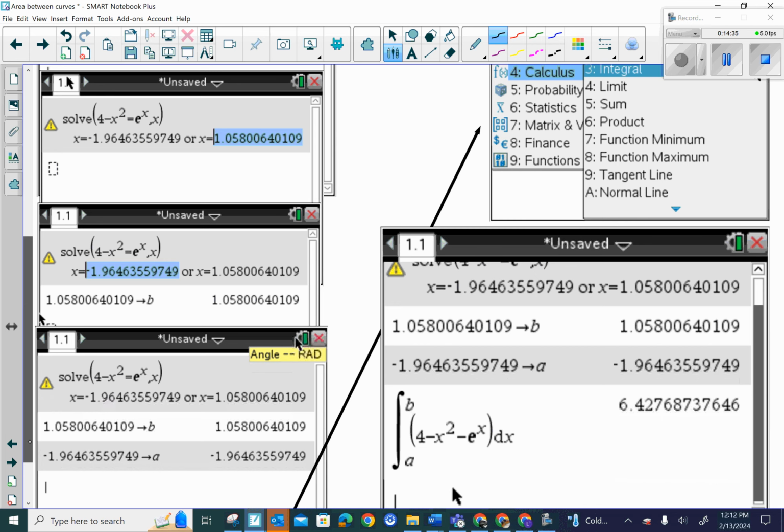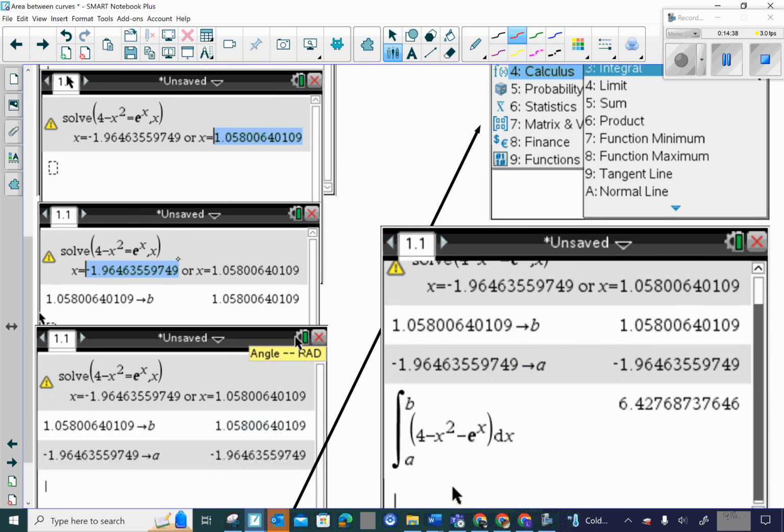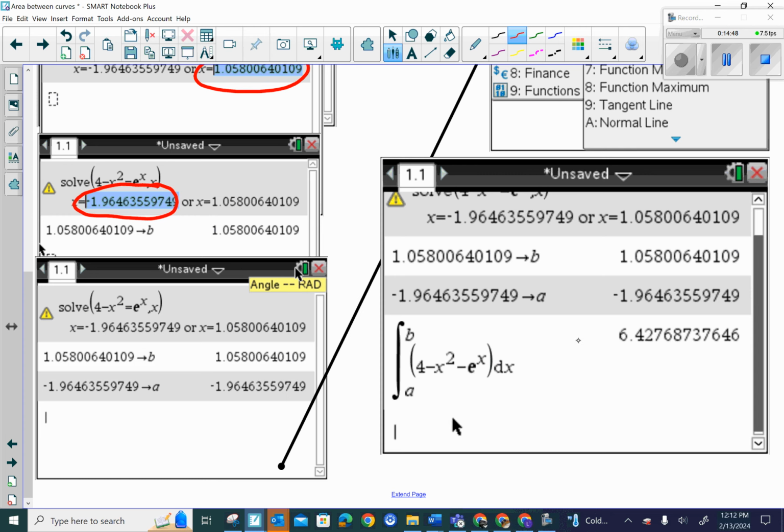So my roots in this case would be negative 1.964 to 1.058. Then you could enter that directly on your calculator. I like to store them for my limits of integration and then just put A and B in there. And my final result is 6.427.